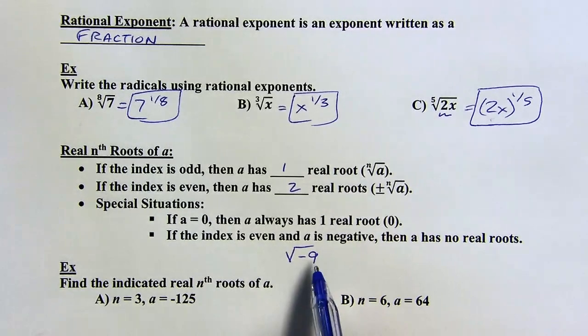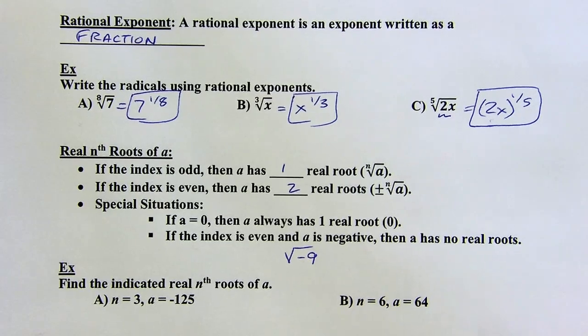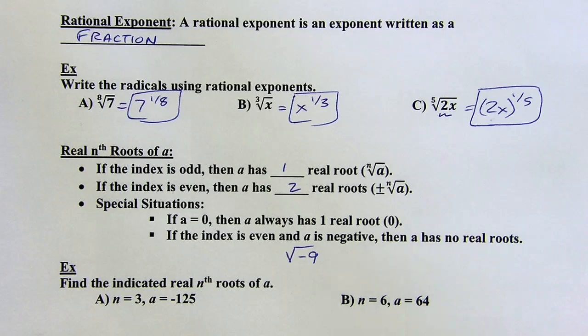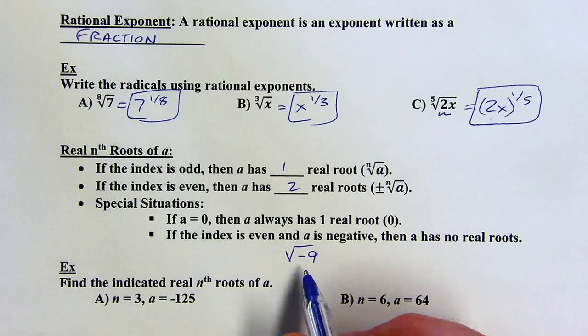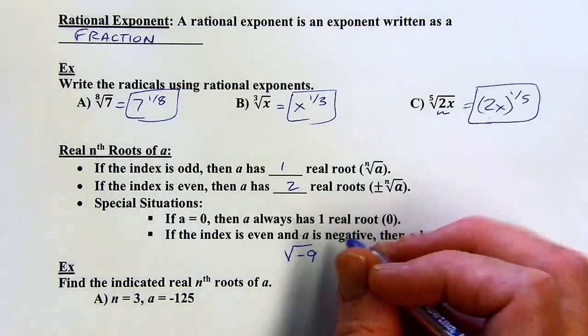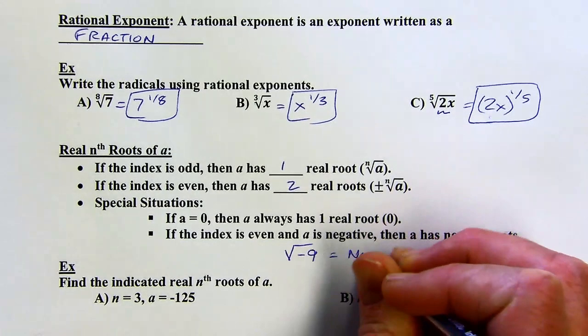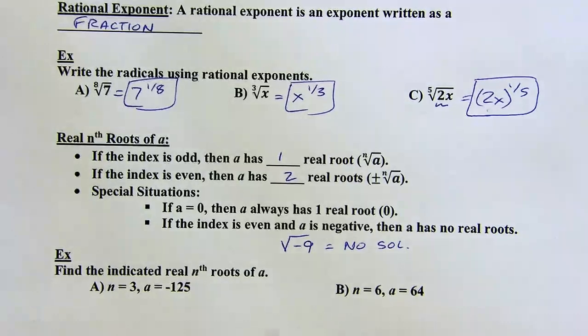Well, I need something times itself that equals negative 9. But 3 times 3 is positive 9. Negative 3 times negative 3 is also positive 9. So there's no number that you can raise to the second power, no real number, and get a negative number. So this is going to have no solution. It means it has no real root.